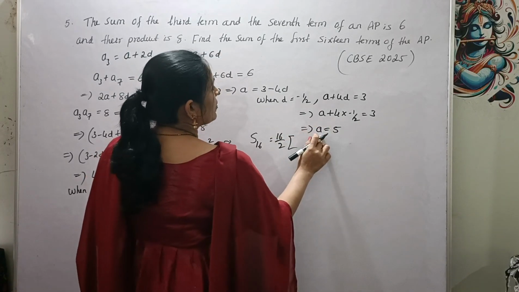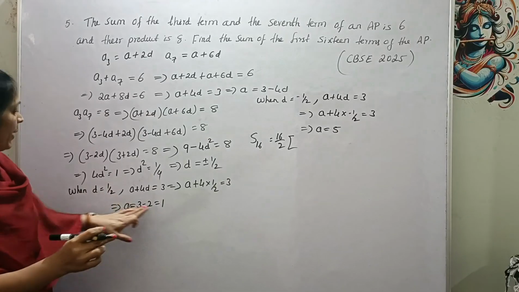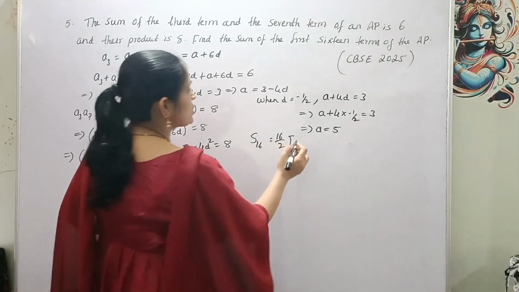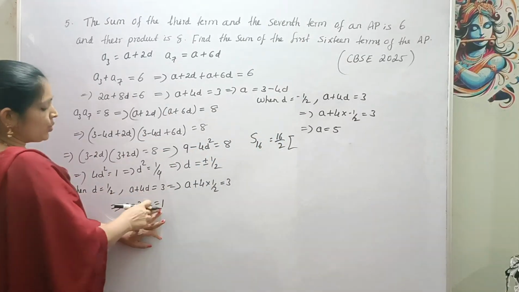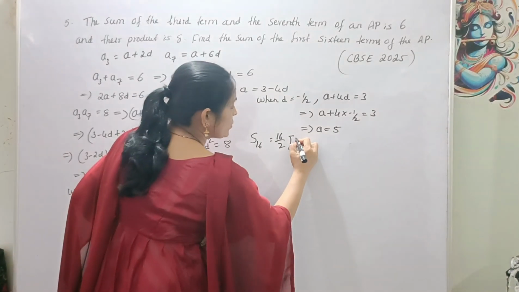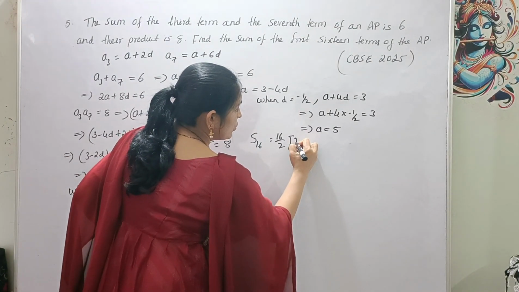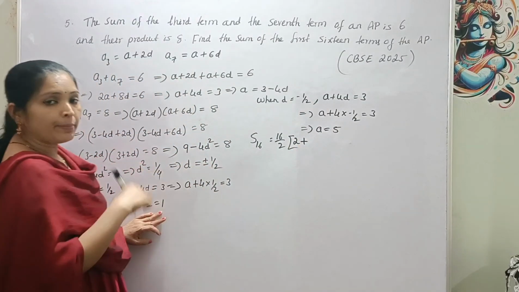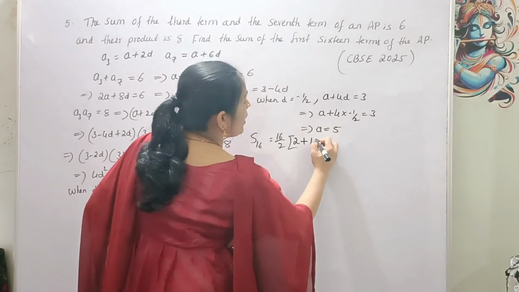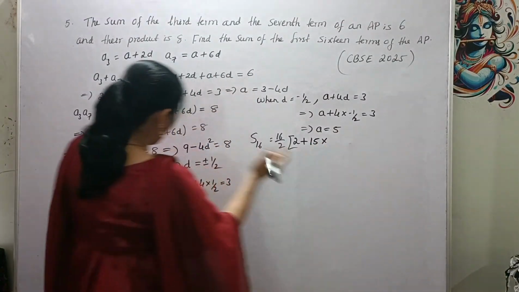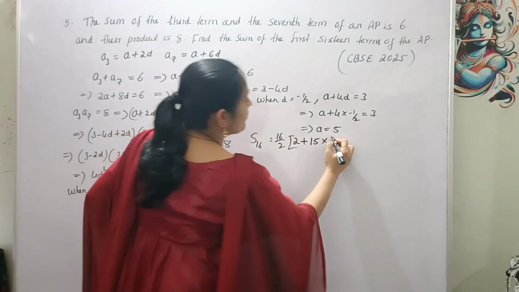What is A? When D is equal to 1 by 2, A is 1. Don't be confused. So 2A, that is 2 into 1, 2, plus N minus 1, 16 minus 1, 15, into D. We have taken D as 1 by 2.